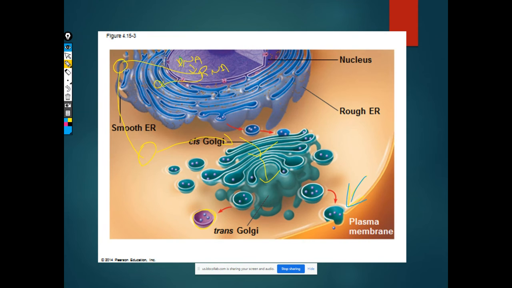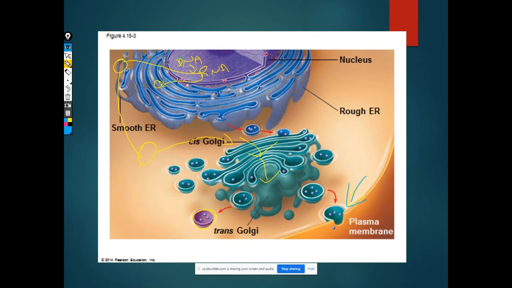So if I want something to leave my cell, and I wouldn't make something just to ship it out of the cell, that would be sort of silly, but if I did, my transport vesicle would need to open up out of the plasma membrane, like a little door, so I can dump it out.